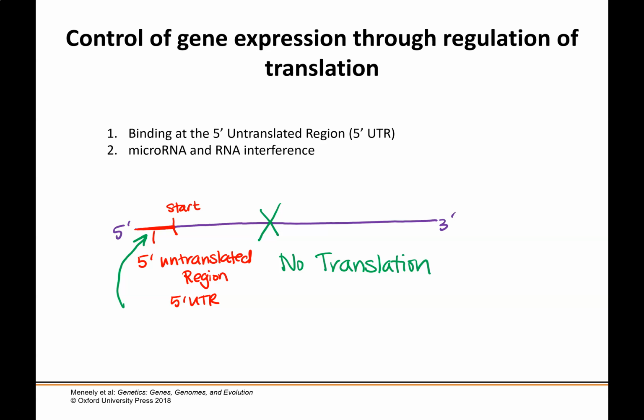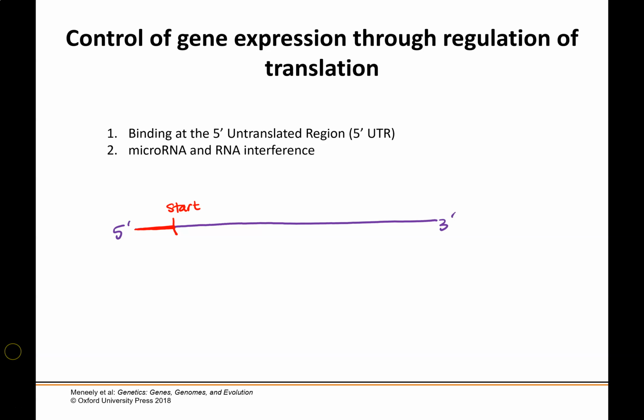Another source of regulation is the binding of microRNAs. As their name suggests, microRNAs are short RNA molecules, and these microRNAs can also bind to points in that messenger RNA that are going to block the ribosomes from binding to that messenger RNA, and therefore translation cannot take place.